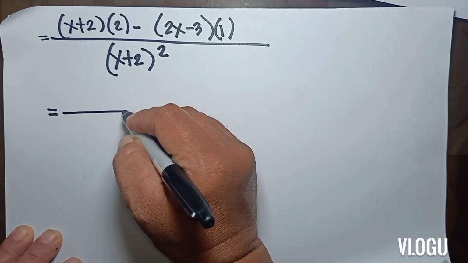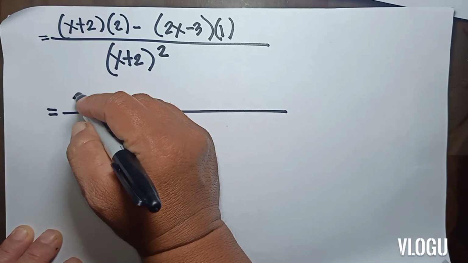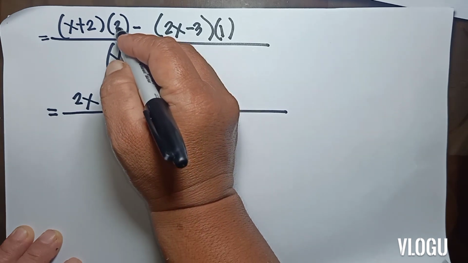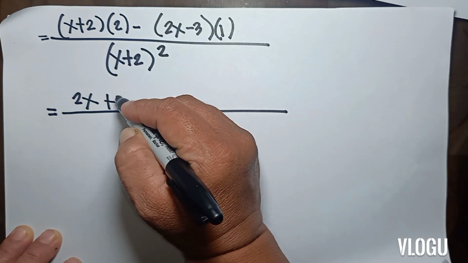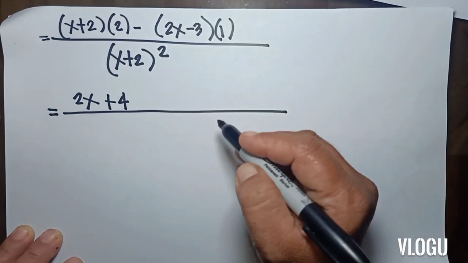So we are going to multiply inside. 2 times x is 2x, 2 times 2 is plus 4.